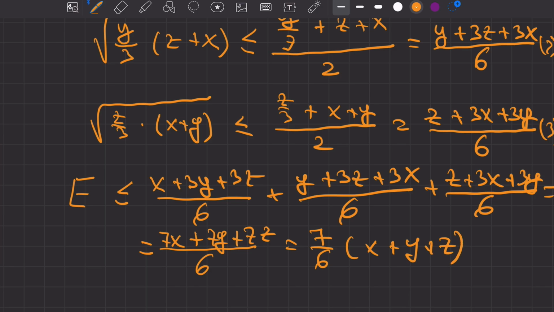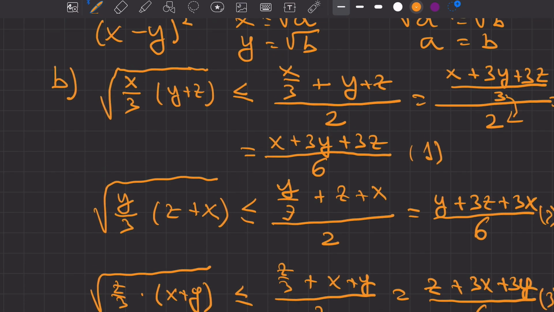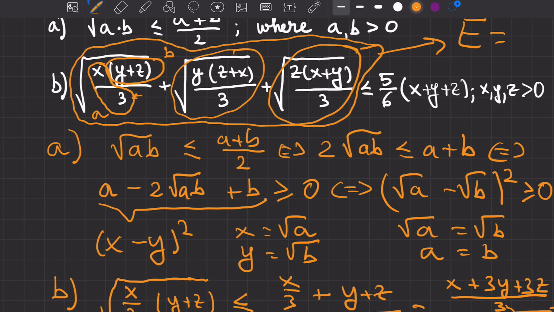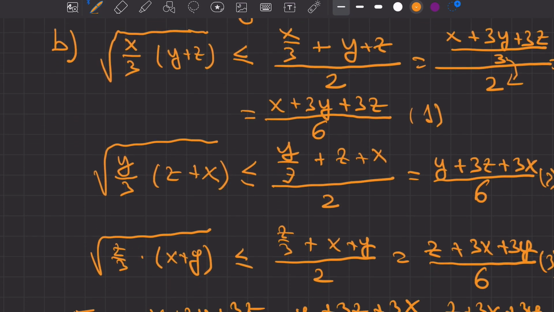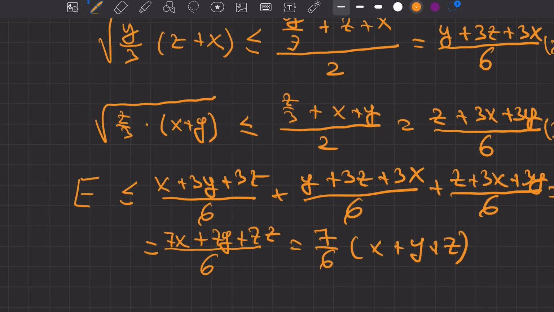And we got that it was supposed to be less than 5 over 6. And if we look at 5 over 6, is it 5 over 6 times x plus y plus z? No, this is wrong. It doesn't give us that.